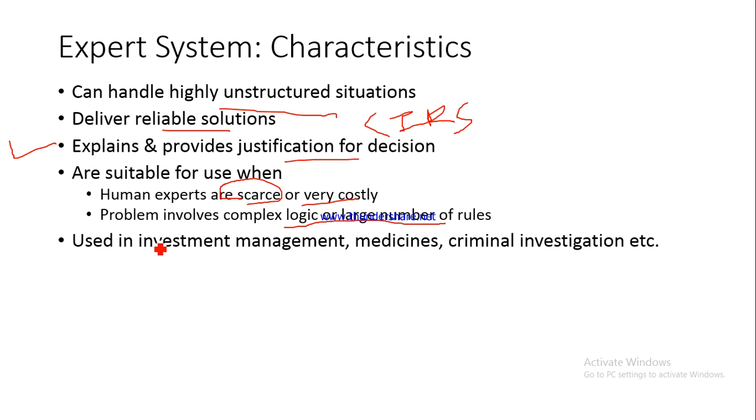Again, as I said, the various uses: investment management, which particular project to invest in, or for example which particular stock to invest in, you can go for an expert system. Which particular medicine to prescribe to a particular patient depending on his symptoms. So all the symptoms of the patient would be fed to the expert system. And how is this particular expert system going to work? It will have its knowledge base, which will be formed from the knowledge collected from various doctors who have expertise in these kinds of diseases.